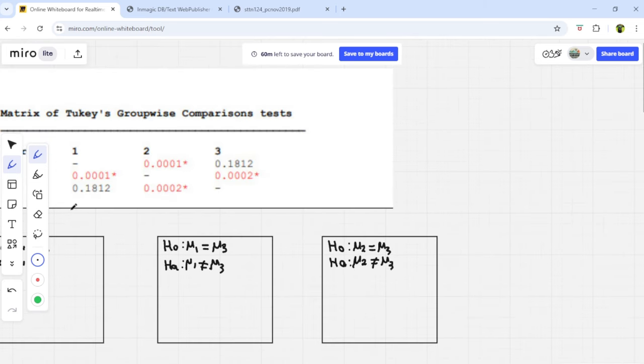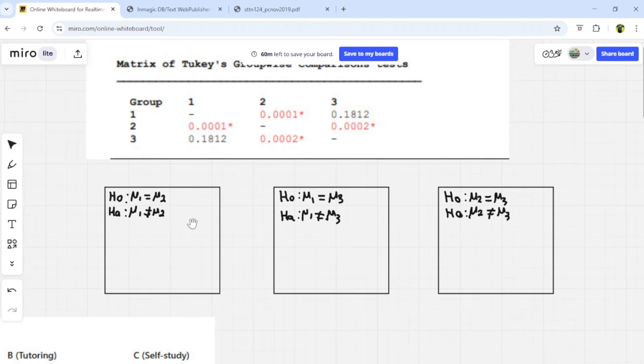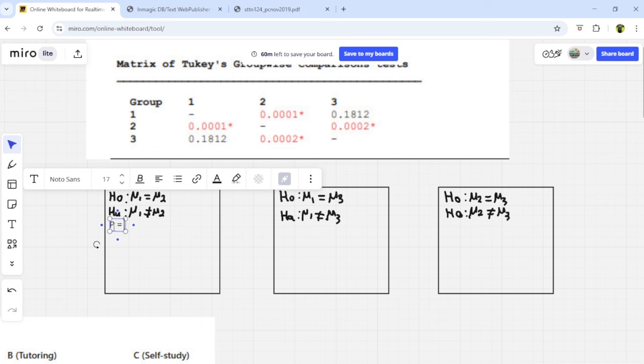Now from here we know that we're going to write the p-values for this. So the p-value for group 1 and group 2 is 0.0001. So you're going to write it here and say the p-value is equal to 0.0001. Therefore the p-value is less than alpha.